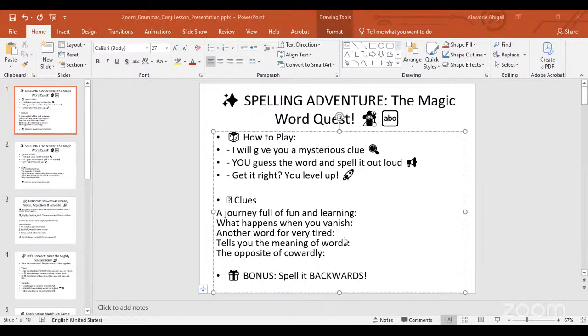What's another word for very tired? Exhausted. Great. So write that down. Okay. Tells you the meaning of words. Definition. Nice.